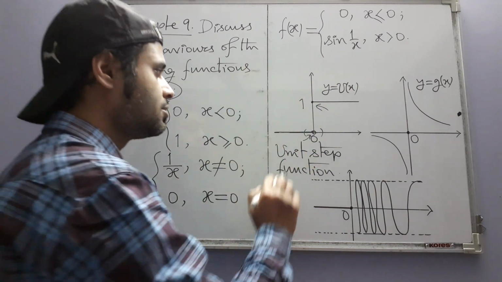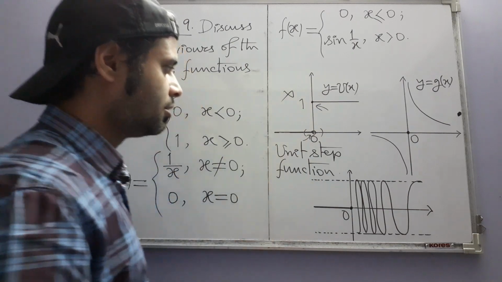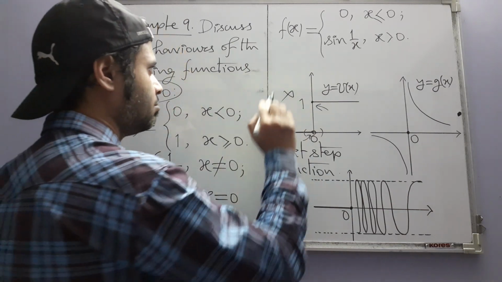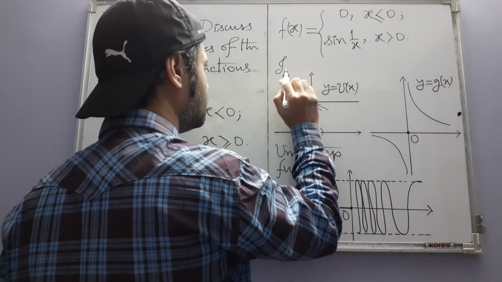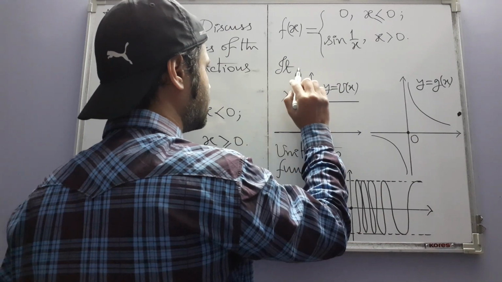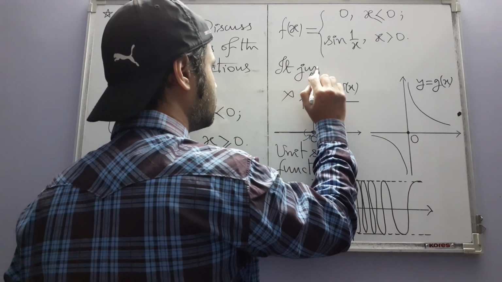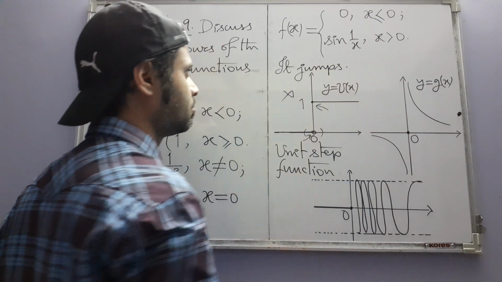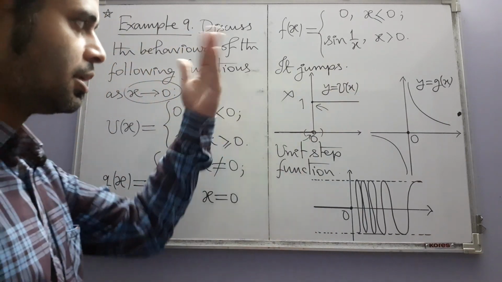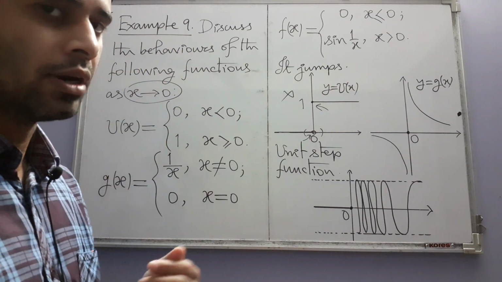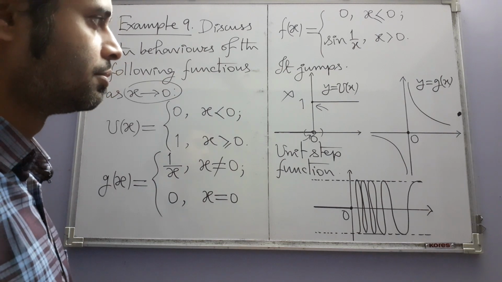So that's why in this case there is no limit, and the reason can be put in a short manner by writing this: it jumps. There is a sudden jump.